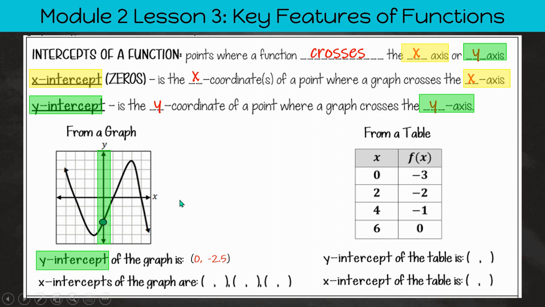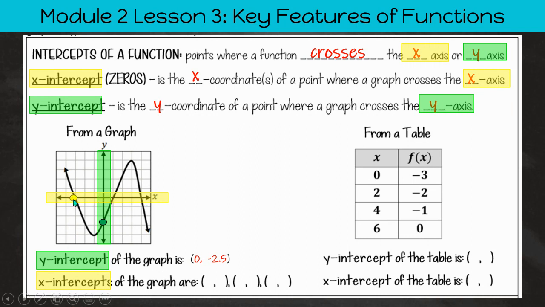Now if we are looking at our x-intercepts, we're going to look at the x-axis. The x-axis is our horizontal axis, it goes from left to right. Now we have three intercepts because this wavy line intersects the x-axis in three different spots.